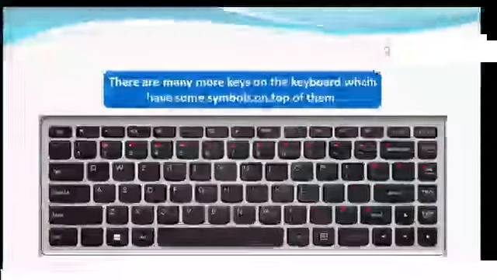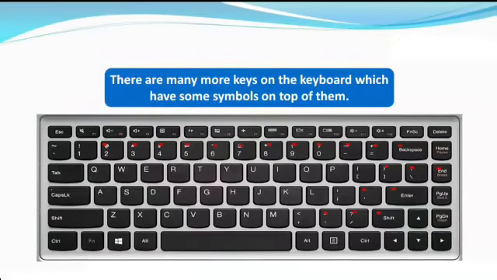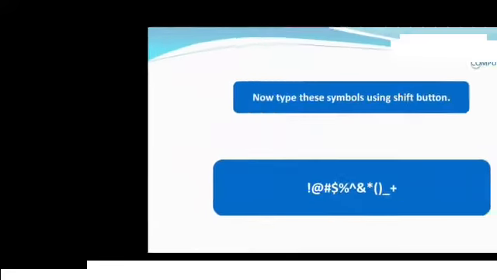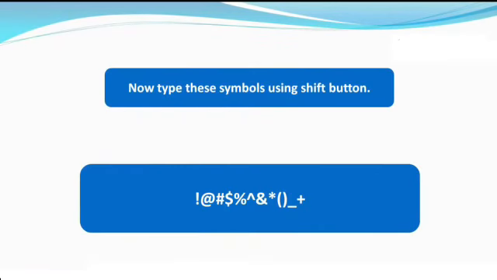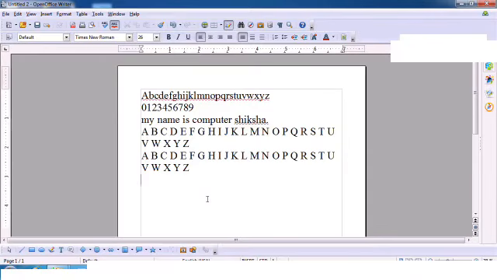There are many more keys on the keyboard which have some symbols on top of them. Go ahead, find them on the keyboard and type them. Let us now watch this video and learn how we can use the shift key to type the symbols.